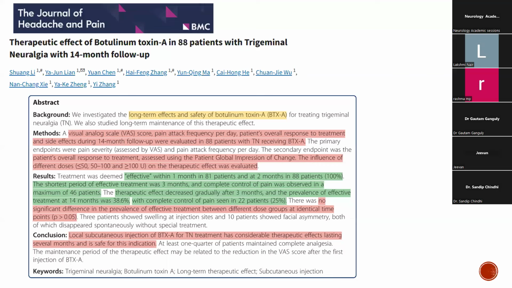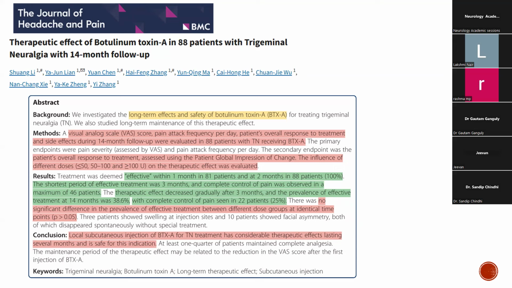So they found that the treatment was deemed effective within 1 month in 81 patients and at 2 months in 88 patients, that is 100%. The shortest period of effective treatment was 3 months, and complete control of pain was observed in a maximum of 46 patients.